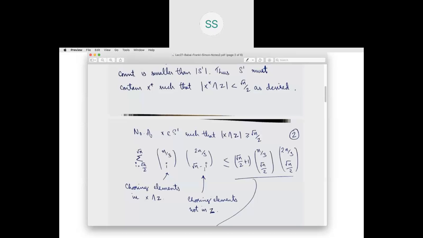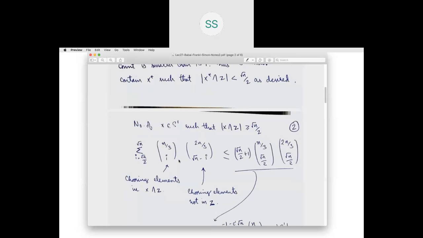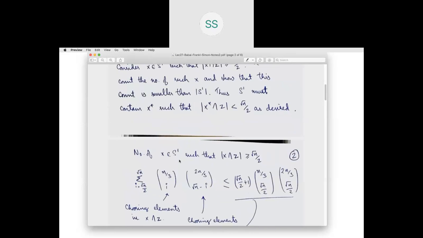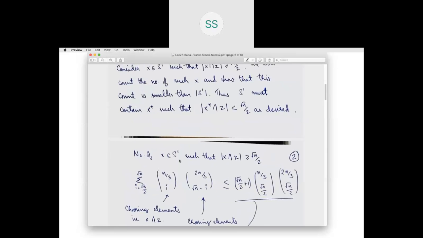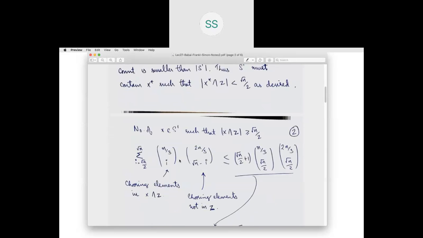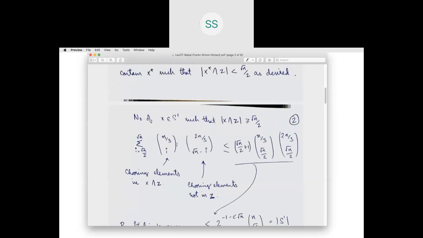Right, so I think there is a small thing to note here. If the size of z was slightly less than n by 3, then what would have happened to this product? Let's say it was n by 4. Then is n by 4 choose I times 3n by 4 choose square root n minus I upper bounded by this?